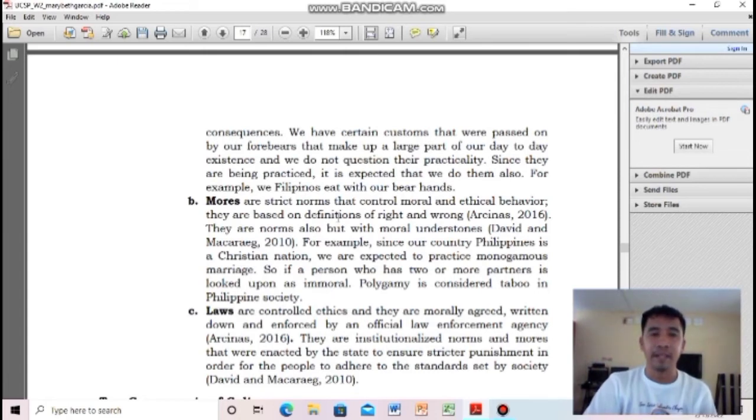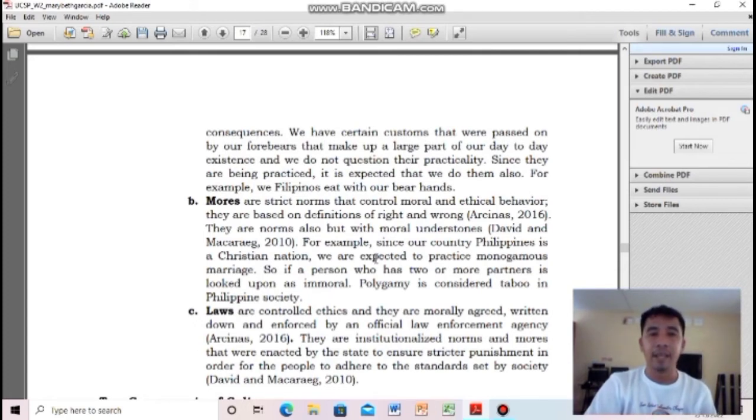For example, since our country, Philippines, is a Christian nation, we are expected to practice monogamous marriage, no? Kay kung Christian country kita, ang mga Christian nagapati nga dapat ang inyong asawa isa lang. Kay kung magita ka sa asawa nga isa pa, which is yung kabit or sa Ilonggo kadidang, that is considered as immoral.